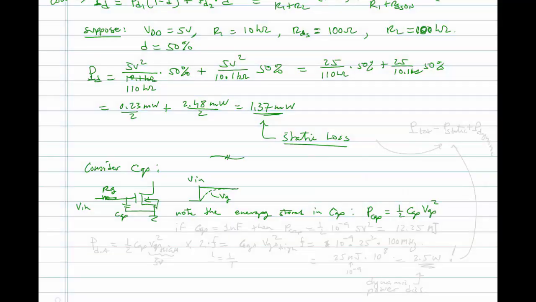All right, so we have 1/2 CGS VGS squared. So if, for instance, CGS was equal to, well, I'll just pick a big number in this case, but let's say 1 nanofarad. Then the energy stored in the cap, at 5 volts, would be 1/2 times 10 to the minus 9 times 5 volts squared.